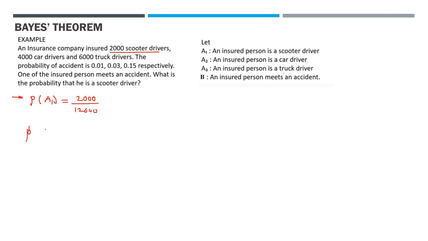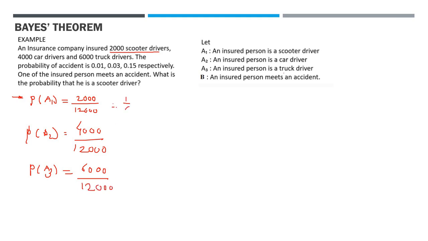Now the probability of the car drivers. Let A2 be the event for the car drivers. So this is 4000 divided by 12,000. And the probability of having a truck driver, probability of A3, is equal to 6000 divided by 12,000.